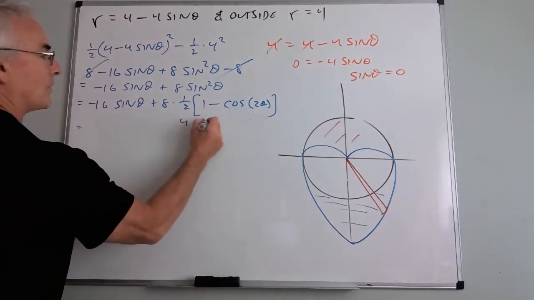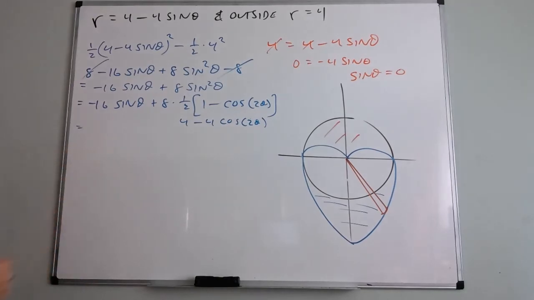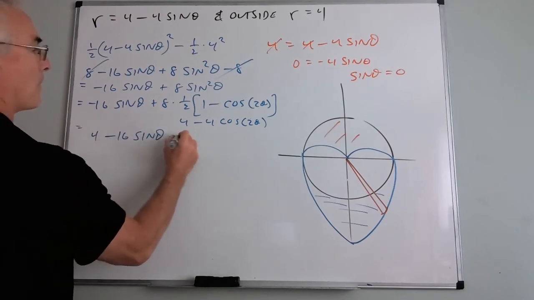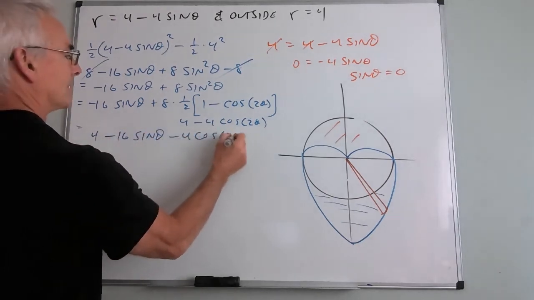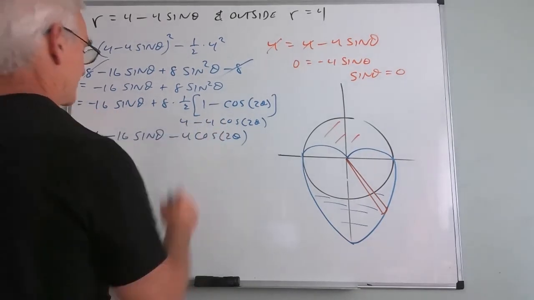So that's 4 minus 4 cos 2 theta. So altogether, I have 4 minus 16 sine theta minus 4 cos 2 theta. That's kind of an interesting integrand. I got a lot of negatives.